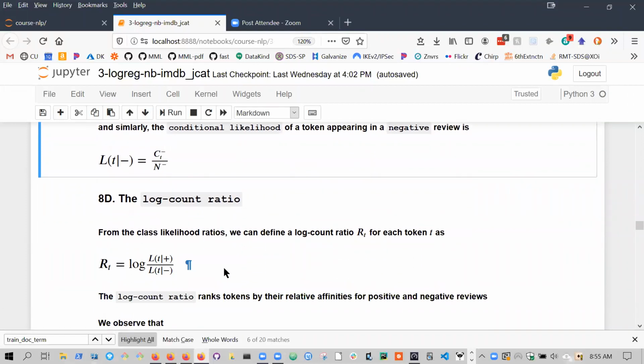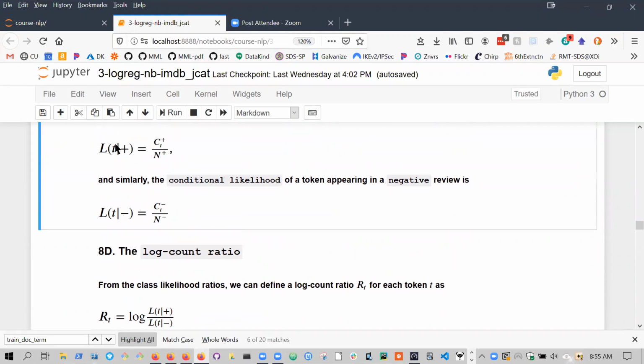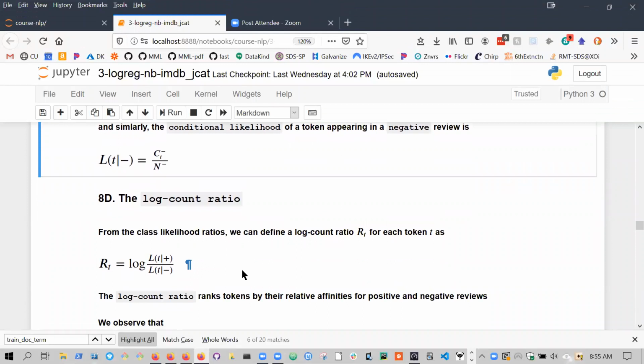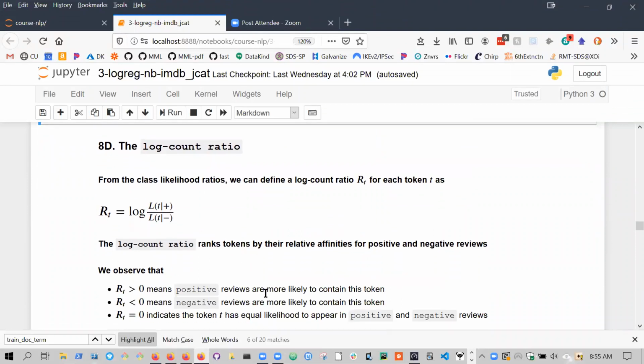Okay. And then there's this useful ratio that we can define called the log count ratio, R. It's the log of the ratio of these two things. And R basically gives us a measure of whether this term is more likely to occur in positive reviews or negative reviews. Remember, logarithms can be greater than 0, less than 0, or 0.